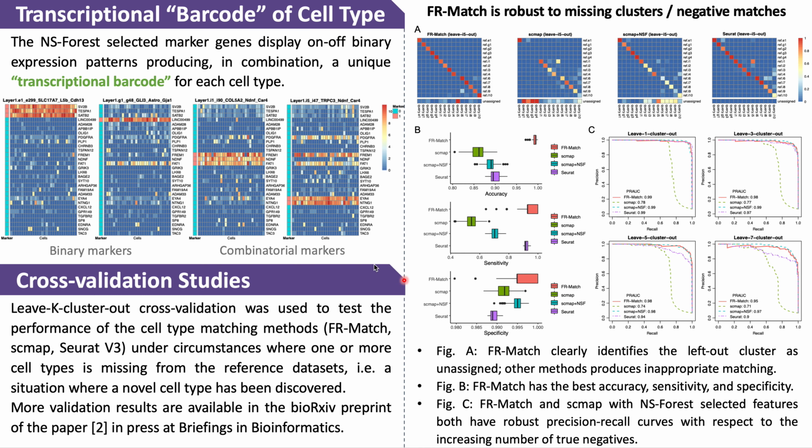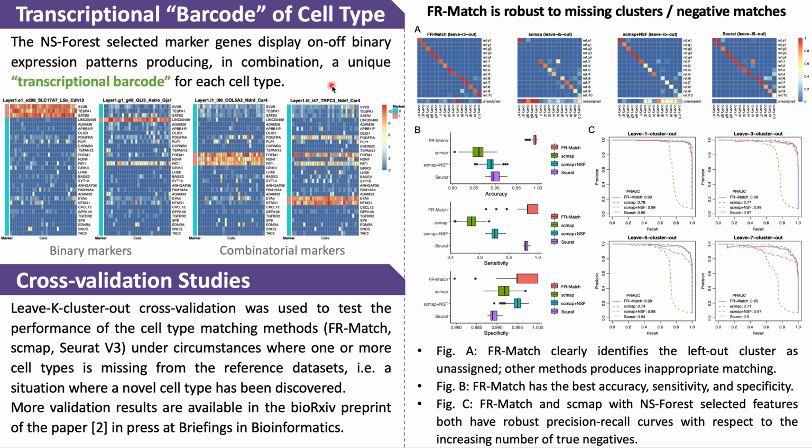We use NS-Forest as the feature selection algorithm, and it is an effective and informative way to select marker genes. As we can see, its selected marker genes display on and off binary expression patterns, and in combination, they produce a unique transcriptional barcode for each cell type.